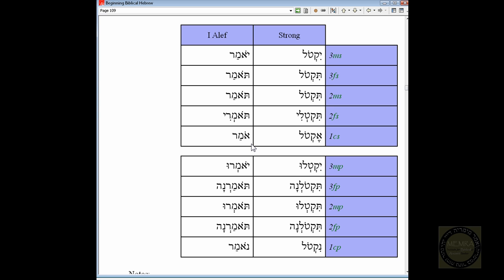In first aleph verbs, I will have a situation where the first common singular will not be aleph, aleph, mem, resh. Only one aleph will show up. The other one is sort of absorbed, or you could say the other one disappears. So that is the thing to take away from this section. So we have Yomar, Tomar, Tomar, Tomari, Omar, with only one aleph.